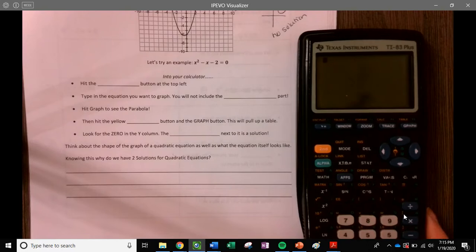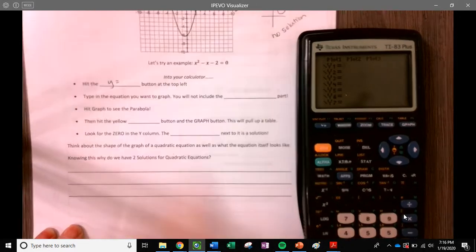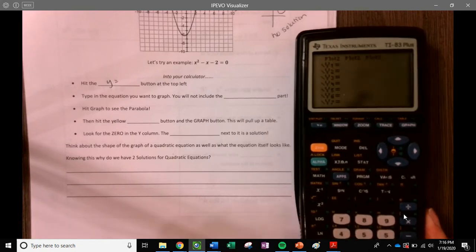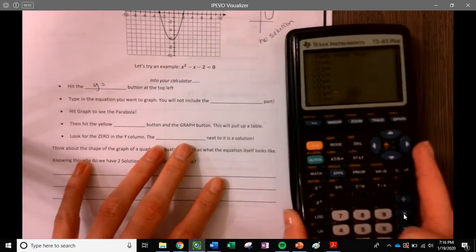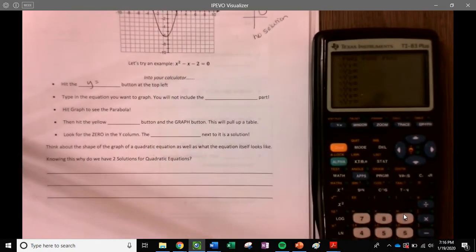Okay, so we are going to hit the y equals button in the top left. Y equals. Going double duty here. Okay, type in the equation that you want to graph, and you will not include the equals 0 part.